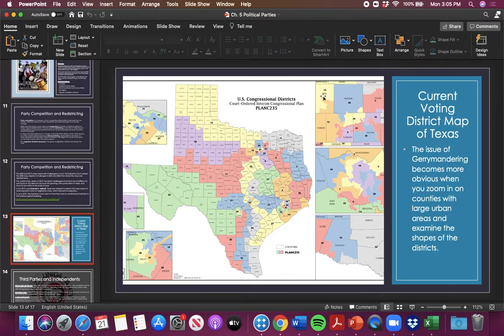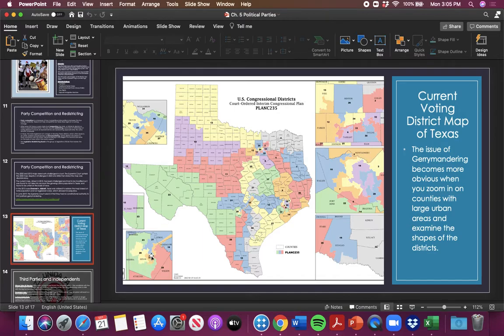Now, if you overlaid that map over a population map, that district 33 is heavily drawn to put all African Americans into one district. So therefore, it reduces their influence by putting all African Americans in one district. They only get one representative rather than spreading them out and making the other districts competitive.